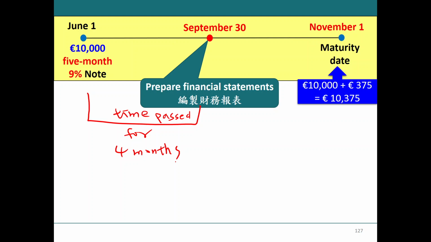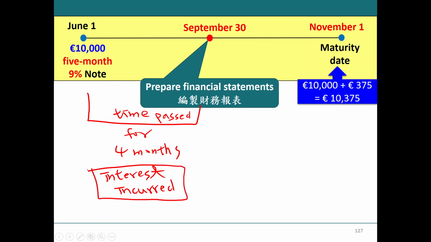Okay, so what should we do? Time passed for 4 months. What happened? Interest incurred. So don't forget about your interest. Time passed, interest incurred. Did you get the money yet? No, because it's not the maturity date.